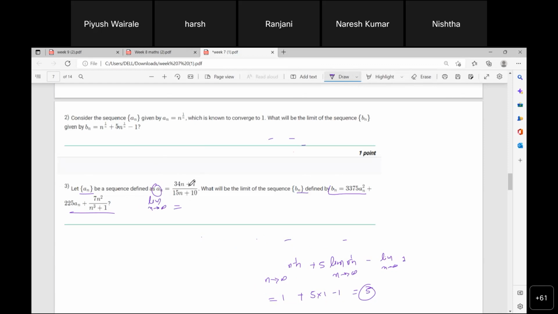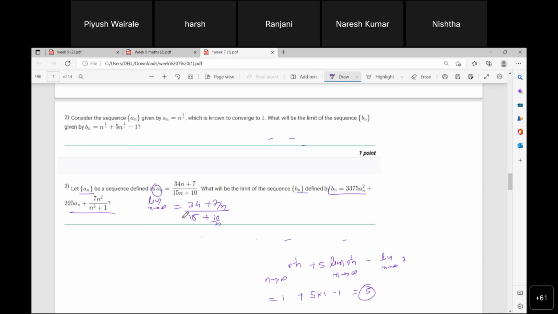Divide numerator and denominator by n. If I take n common, what I will get is 34 plus 7 by n upon 15 plus 10 by n.